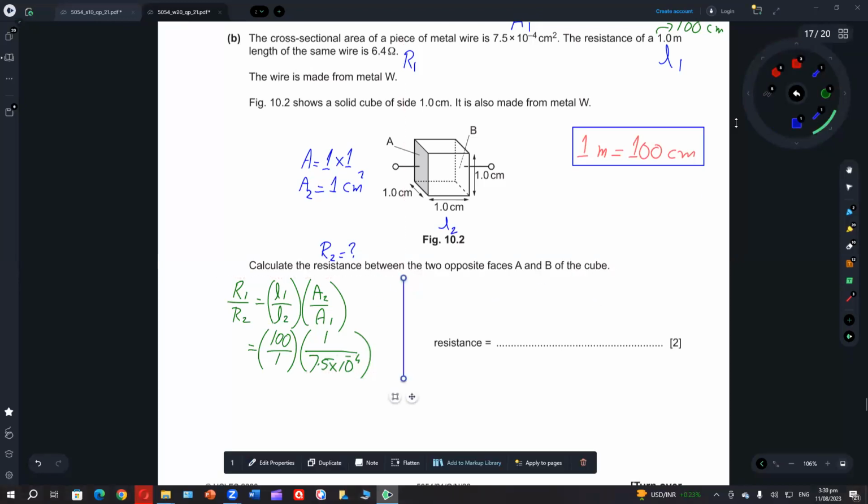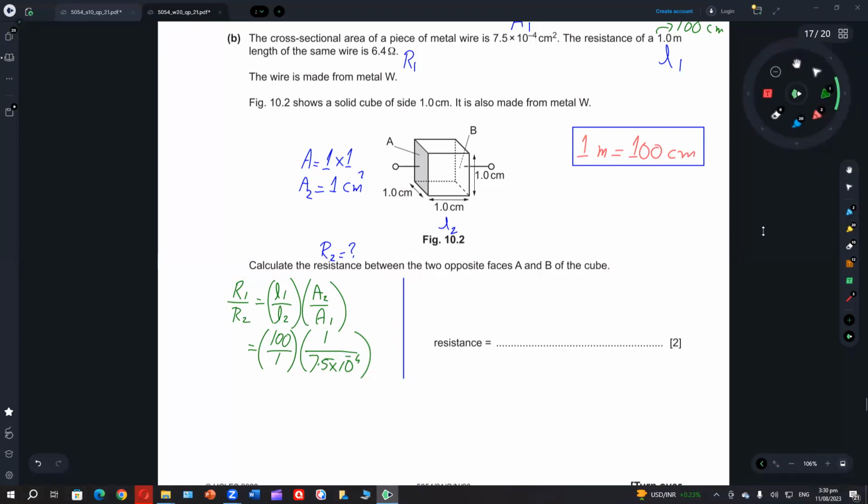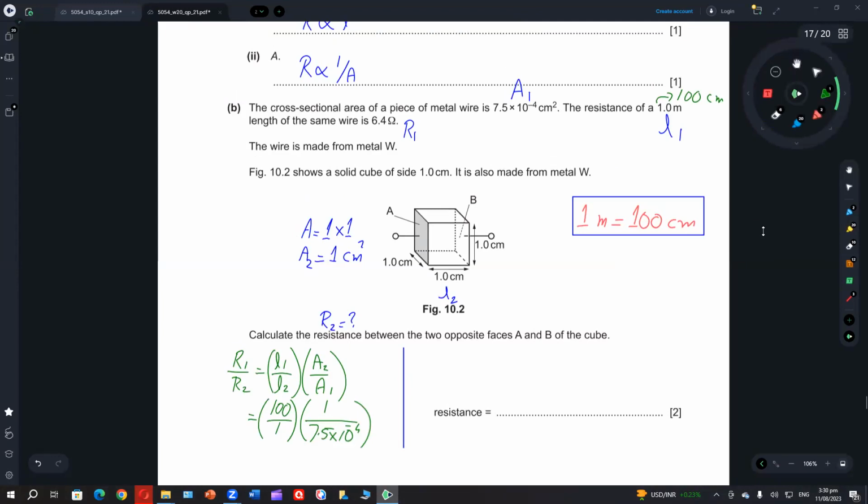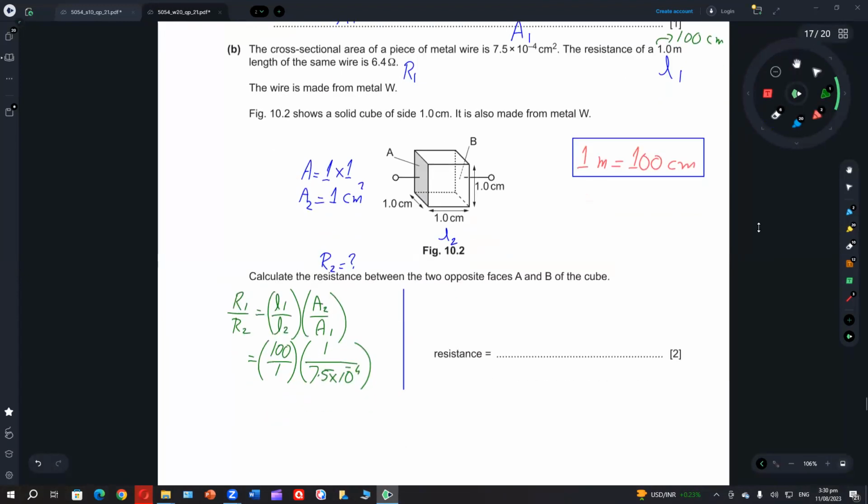Sorry. Length is initially length. The resistance of a 1 meter. I have converted meter into centimeter and the initial resistance is 6.4.